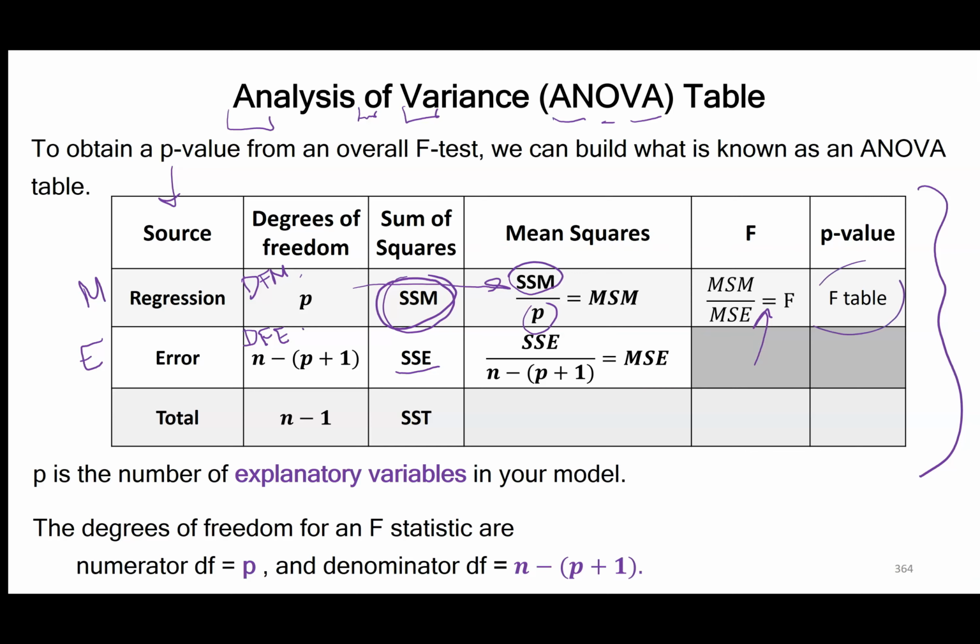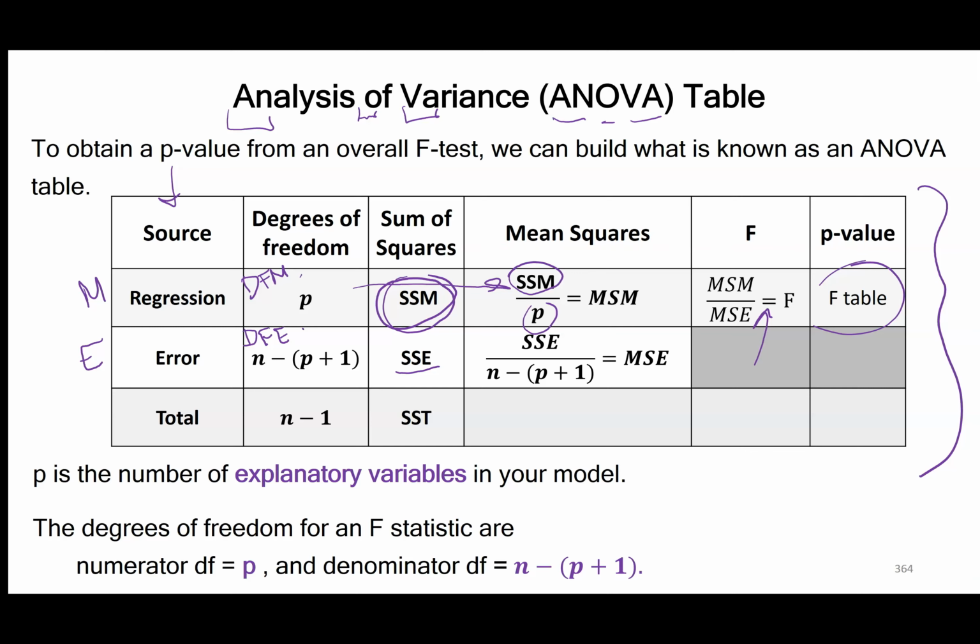And then the p-value. So you can use an F table. We might mention one, but in general, we're going to give you a table that has this value, because it's kind of like reading a chi-square table or a t-table, but a little more complicated. So we don't want to go there.